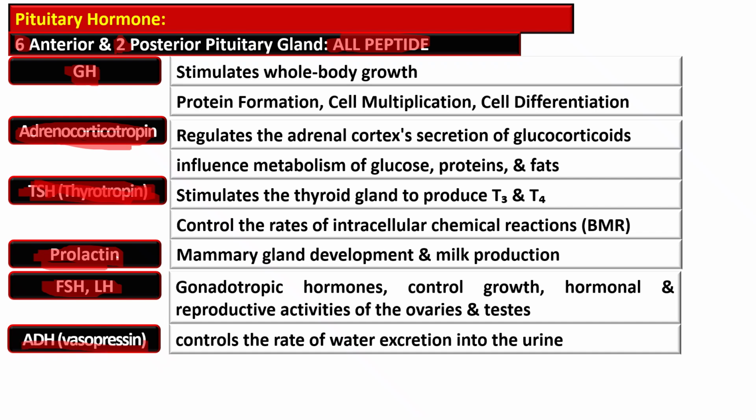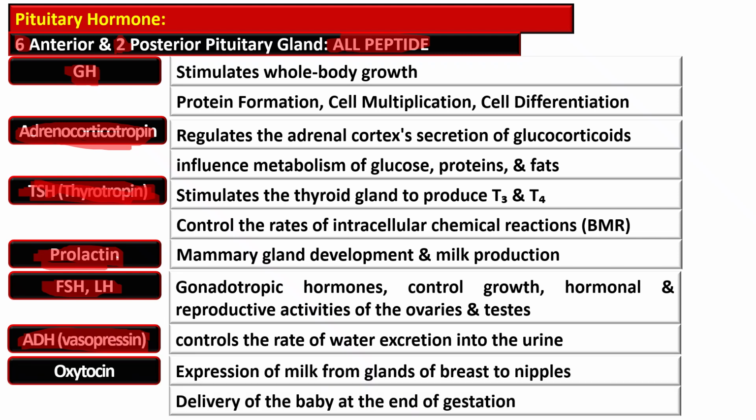The two hormones secreted from the posterior pituitary are ADH or antidiuretic hormone, also termed vasopressin, which controls the rate of water excretion into the urine, and oxytocin, which is responsible for expression of milk from the breast glands to the nipples and delivery of the baby at the end of gestation.